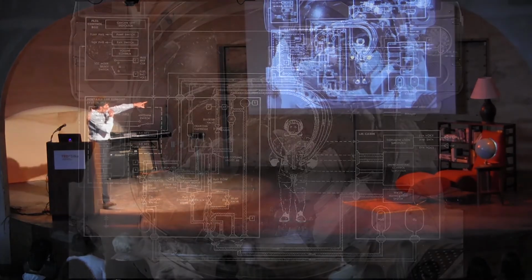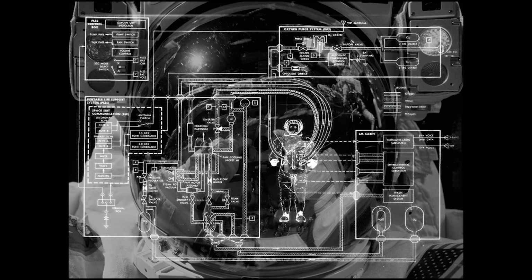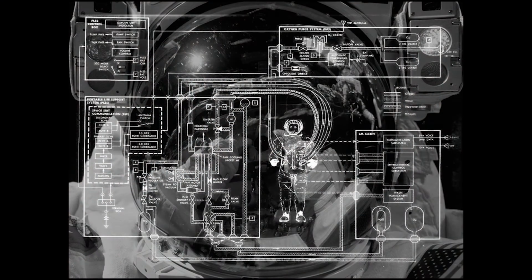So here we have the Apollo-era portable life support system, which was all of the systems required to maintain a body in a hostile environment. And so, we have the things you might imagine. You have oxygen and waste management and a pressurized suit and all those kinds of things. But almost just as critically, in the lower right, you have the communication system.